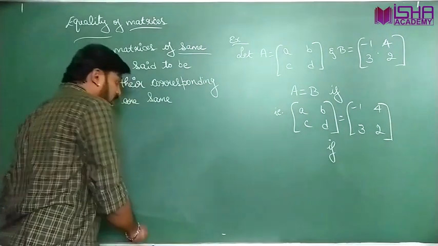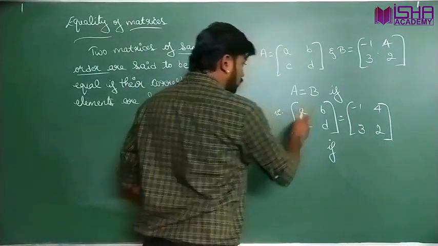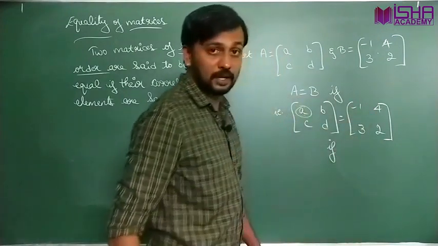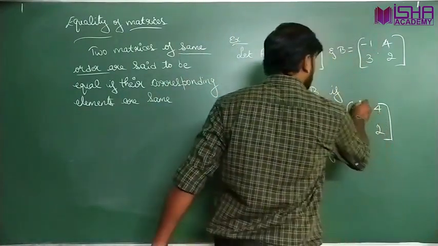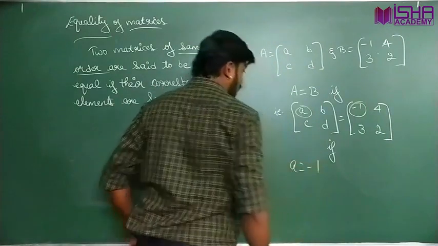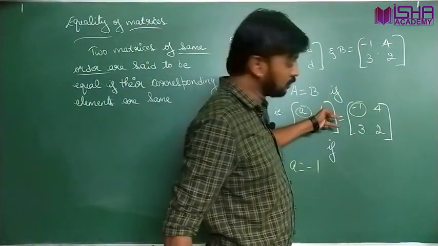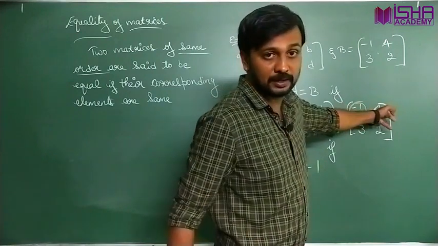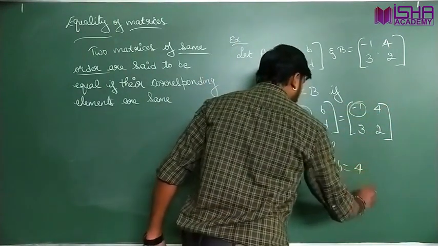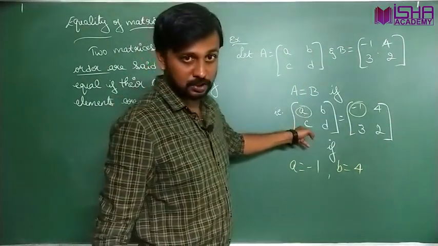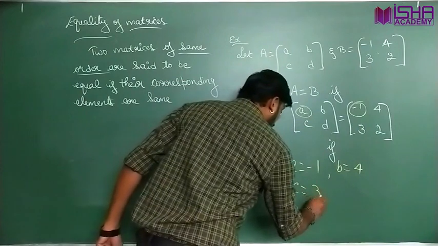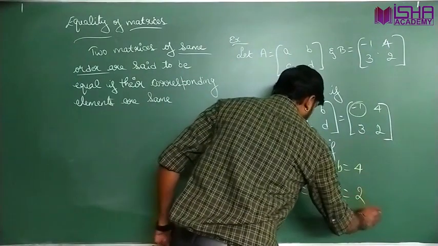Corresponding element: what is the first element in the first matrix? a. What is the first element in matrix B? -1. So only if a equals -1. Similarly, the corresponding element of b in this matrix is 4. So a equals -1, b equals 4. Similarly, the corresponding element of c is 3, so c equals 3 and d equals 2.